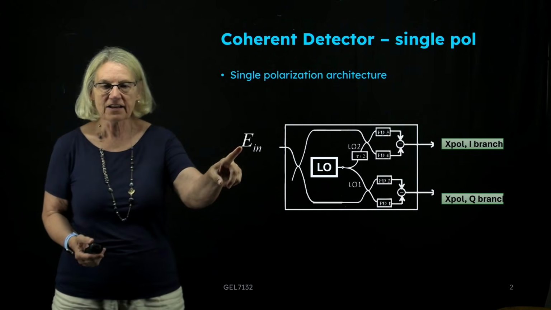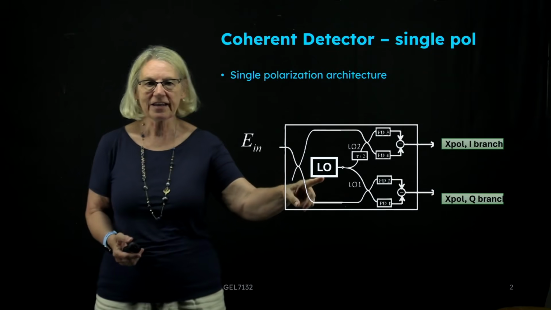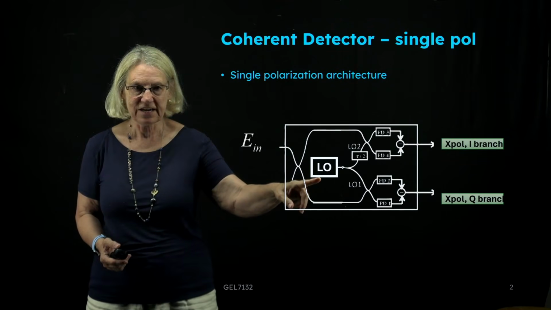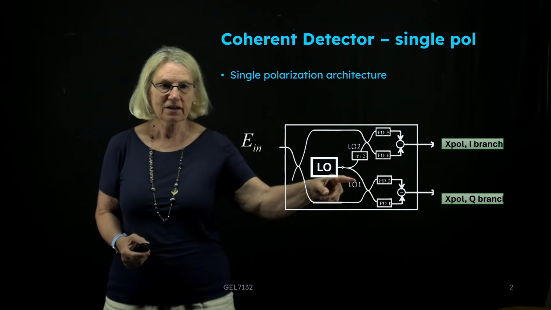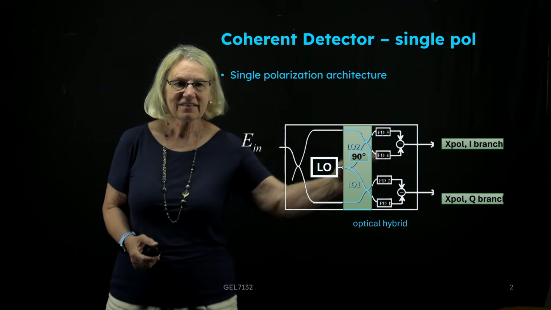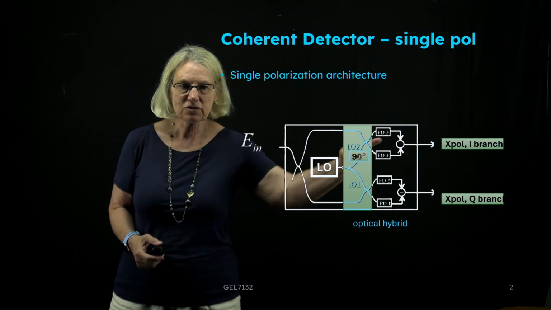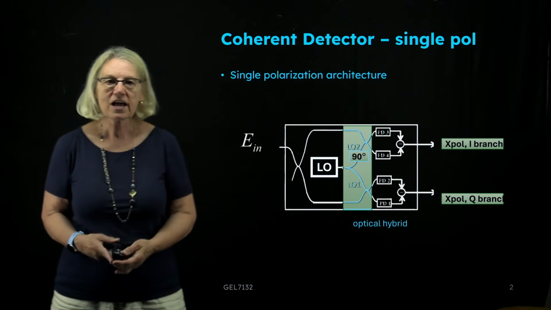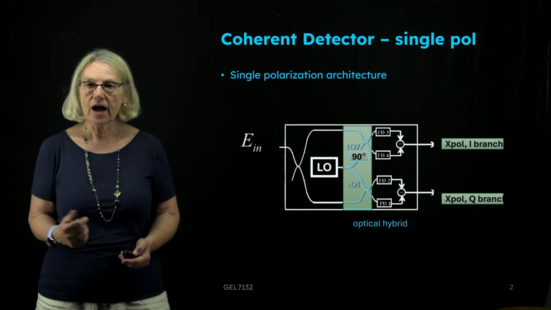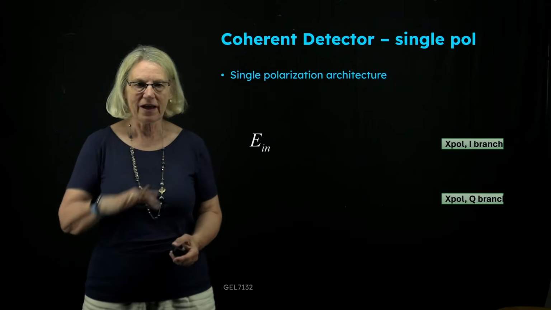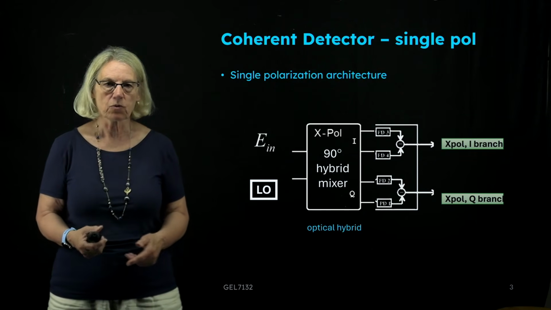We saw that we had our optical signal in and we had a local oscillator that was here, and this portion in between that combined these signals to go to these two balanced detectors was what we called an optical hybrid. And I'm just going to change my drawing a little bit to make this a little more explicit.